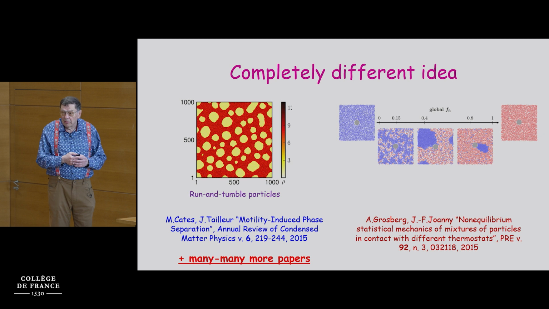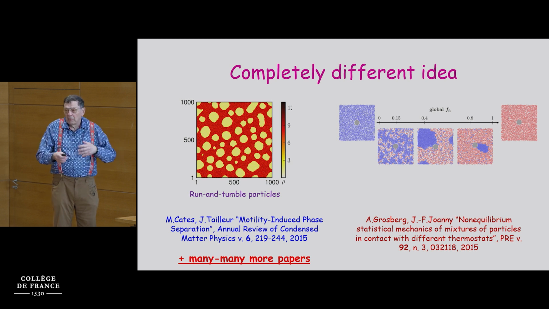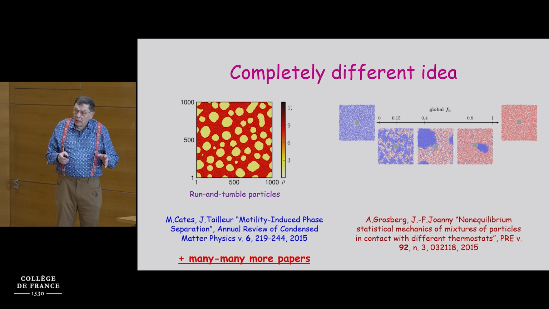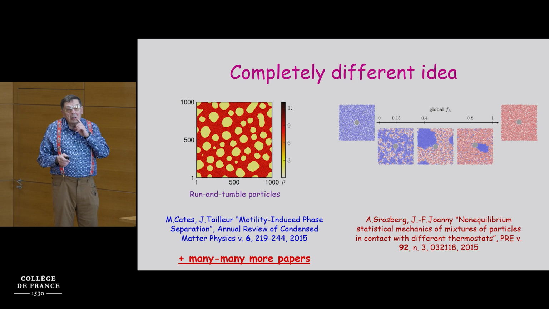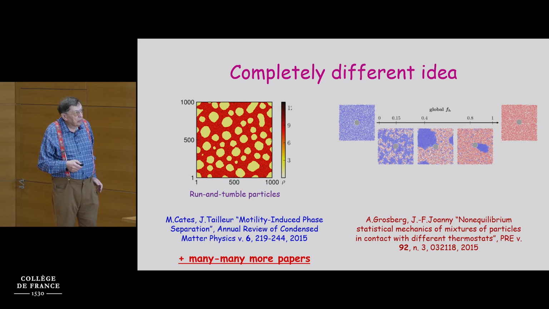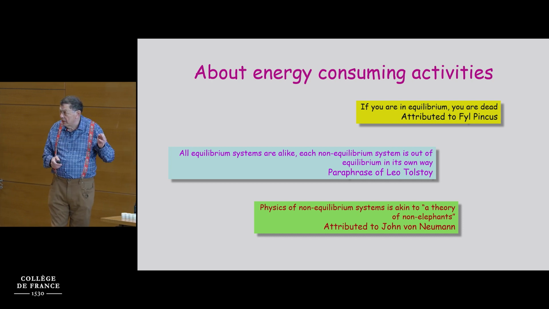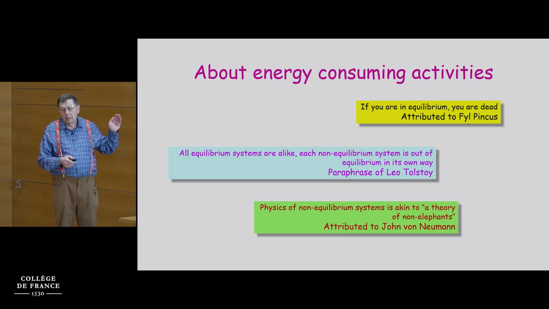And they also phase separate. In some philosophical sense, it is a similar idea that more rapidly moving particles separate from less actively moving or more passive particles. So that is also a computer simulated picture indicating such separation. So this is an entirely different idea. This is not equilibrium phase separation. This is not something related to the difference in energies.